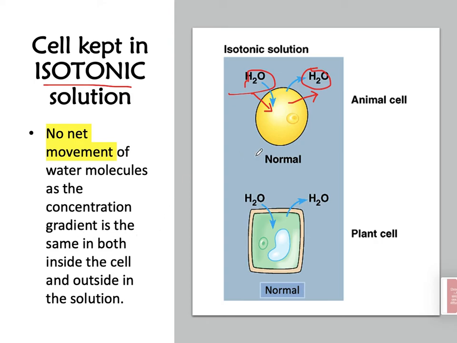An equal amount of water is going to come in and an equal amount of water will go out. That will result in no net movement, and the cell remains the same size, like normal. Okay, so basically water molecules are definitely going according to the concentration gradient. Since there is no concentration gradient created and they are free to move across the cell, the same amount of water is going to come in and the same amount of water is going to go out, leading your cell to stay normal.